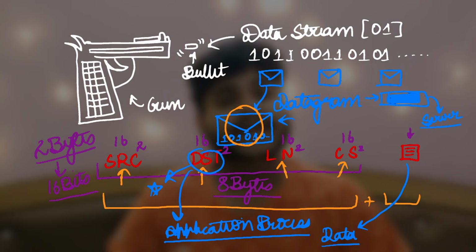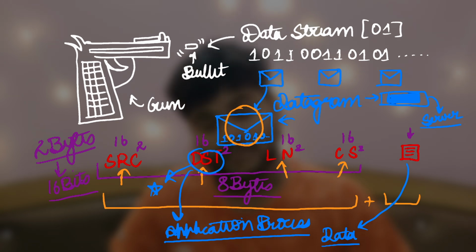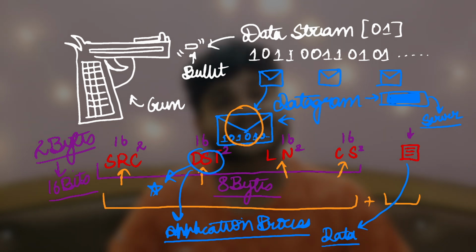And if data integrity is a concern, and we have to make sure that there is a reliable connection, then we are going to use the TCP protocol. So the nature of the application is the deciding factor that is going to decide what protocol is going to be used.